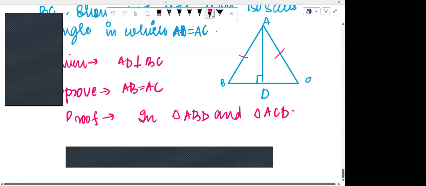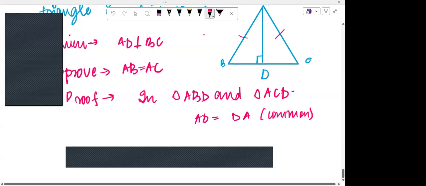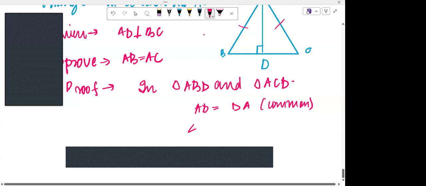If we prove these triangles congruent, what will we have? We have AD is equal to DA, which is common in both the triangles. Next, angle ADB and angle ADC are equal because they're both 90 degrees.